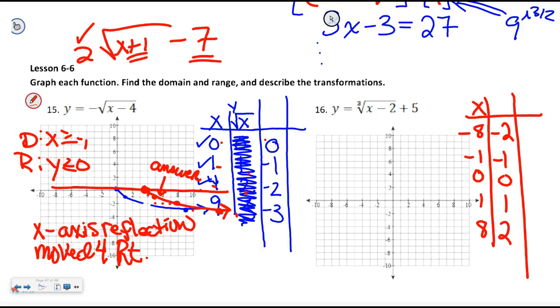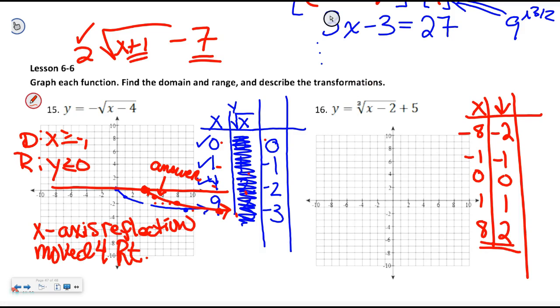Then, if there was something out front here, which there isn't, but if there was, I would apply that, cross this row off. But again, if there's a 2 right here, I'd make this a -4, and then a -2, 0, and then I cross that middle one off. But because there's no stretch for this one, all I simply do is graph these points.